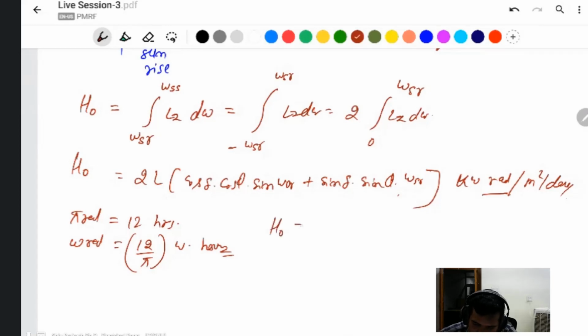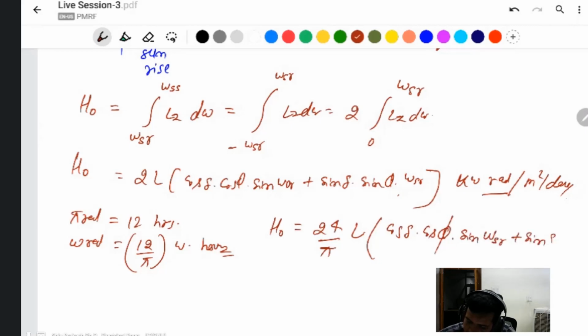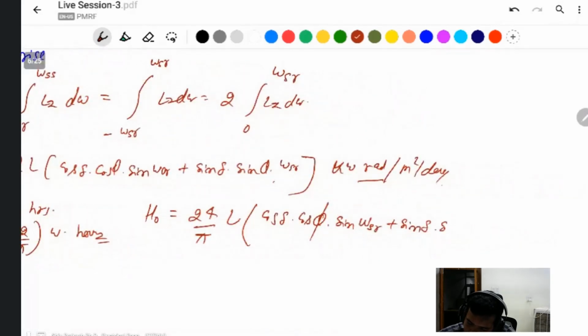Then you can find H naught is equal to 2 into 12 by pi, which is 24 by pi, into L cos del into cos phi into sin omega SR plus sin del sin phi into omega SR. This is the total energy in one day.